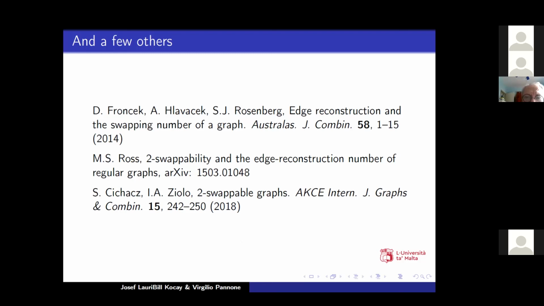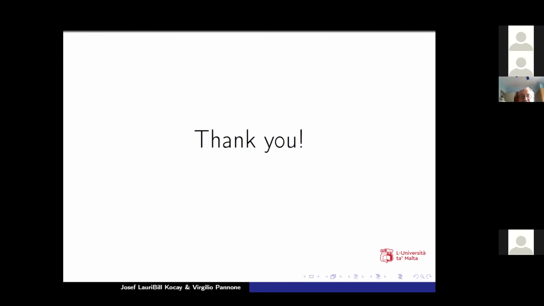So there is this concept of swappability, which is a relaxation of the concept of replacement of edges. These three papers are recent, and I recommend that anyone who's interested in any of this should also have a look at them. And that's it. Thank you very much.